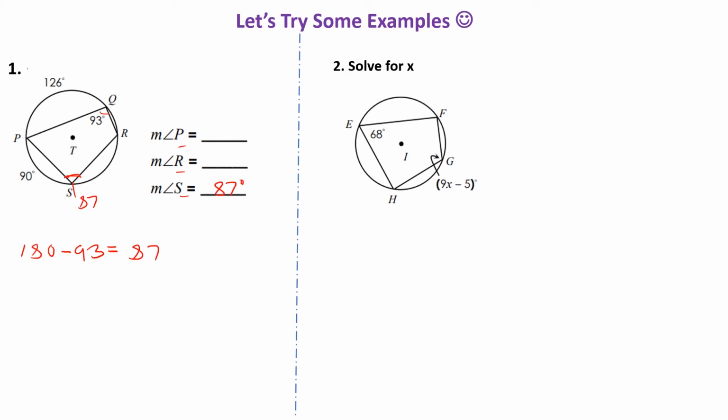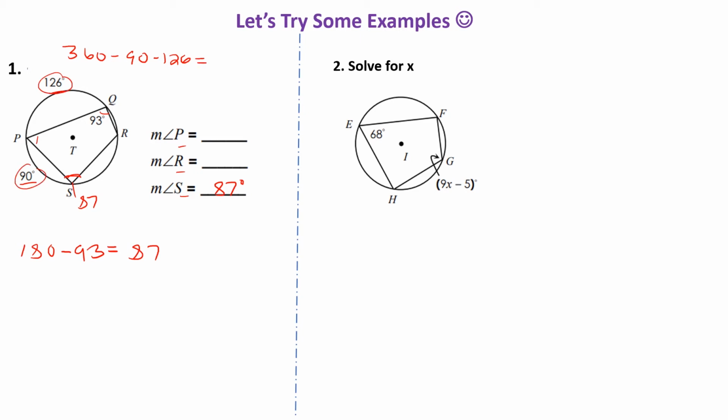And then I have to find angles P and R. I'm given arc PS and arc PQ. If I could find arc QS, I could find the measure of angle P. So I'm going to subtract 360 minus 90 minus 126, because remember, a circle has 360 degrees.